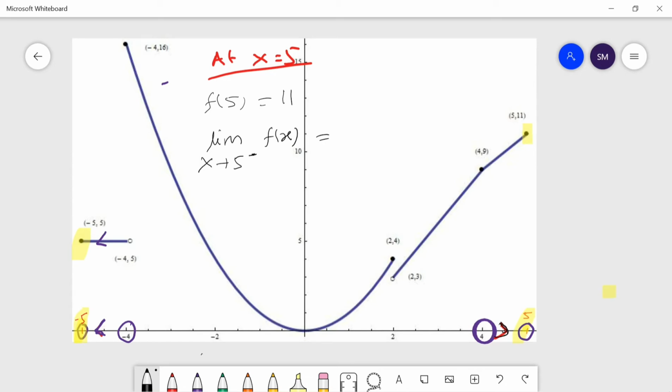If we see from the graph, it's going to 11. So you will get 11 here, which is equal to f of 5. So this implies f is continuous at x equal 5. That's all from the figure.